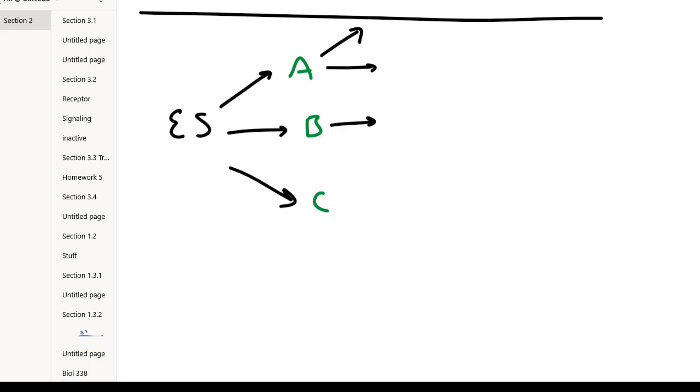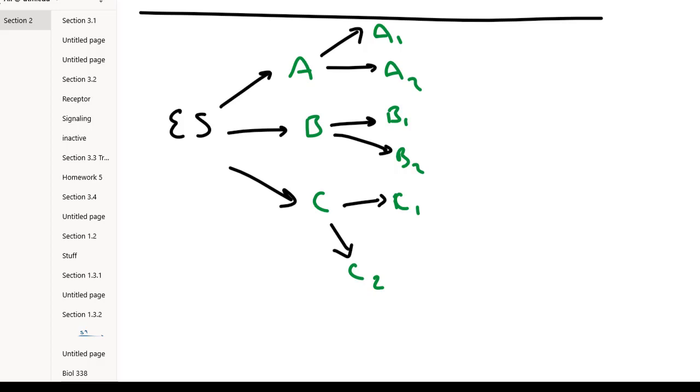To not complicate this too much, we'll just say that these paths all split off into two other paths. And then what you get is A1, A2, B1, B2, C1, C2, right?